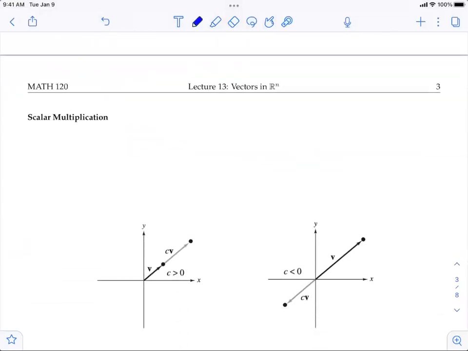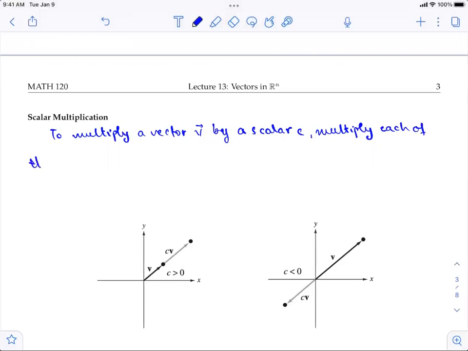So to multiply a vector v by a scalar c, what you do is you multiply each of the components of v by c, right?